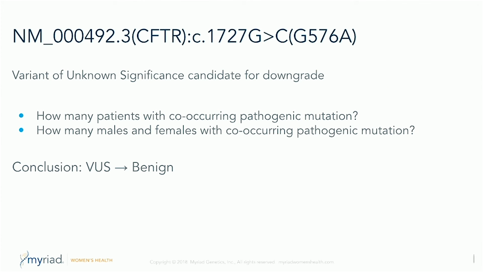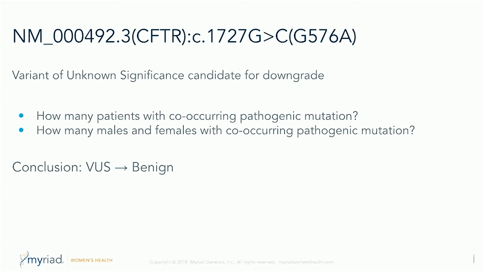As a carrier screening lab, we have the advantage of having a very large healthy population. With this very large healthy population, we are able to use our internal data to reclassify some variants that we previously did not have enough evidence to classify. As a result, they were considered variants of unknown significance. Variants of unknown significance are variants where we've exhausted all the information we know, but we still don't know whether or not they are disease-causing.